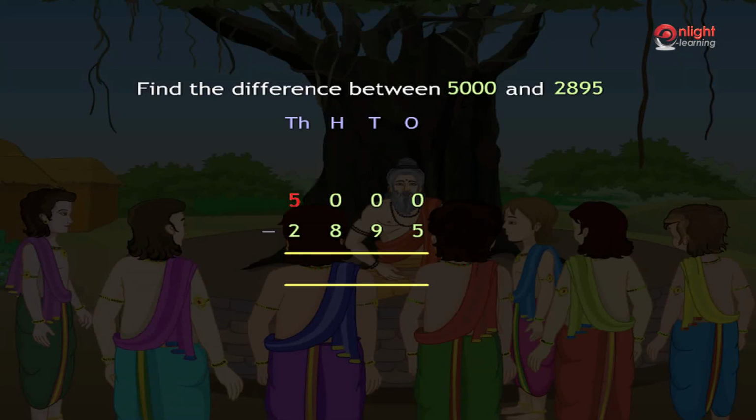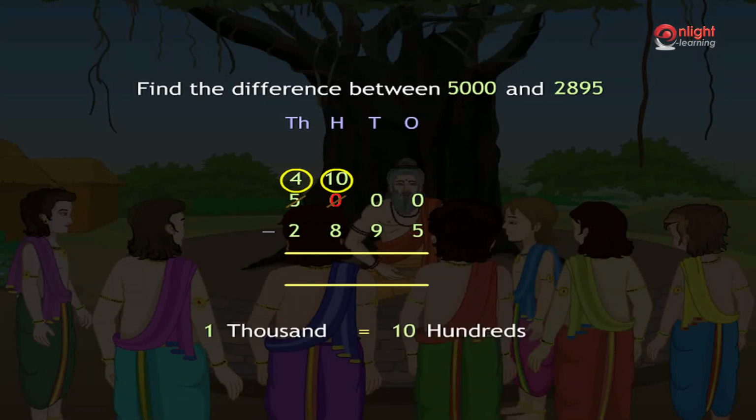So 5 in thousands place, that is 5,000 reduced to 4,000. 0 in hundreds place change into 10 hundreds, by taking 1,000 from thousands place, as 1,000 is same as 10 hundreds.